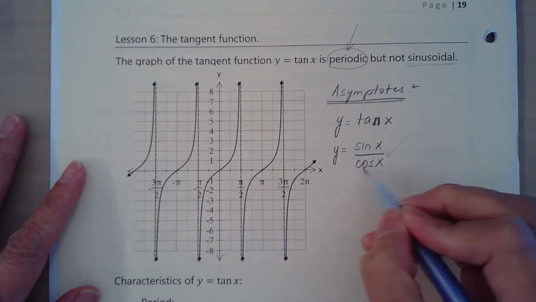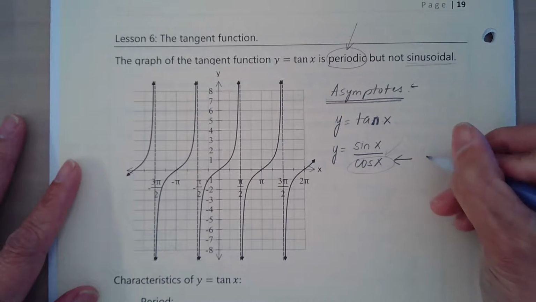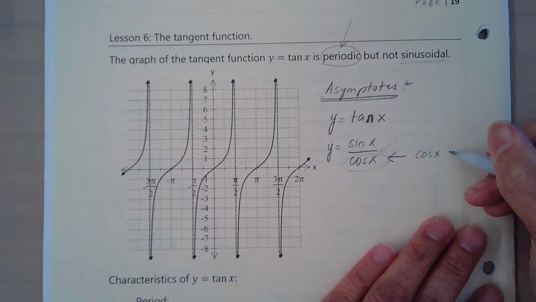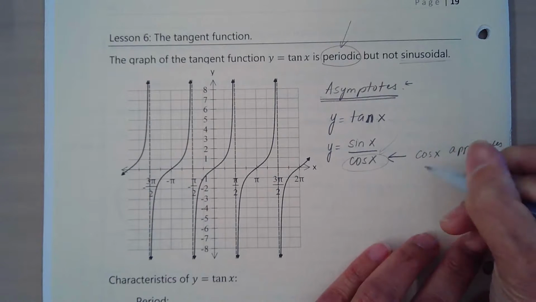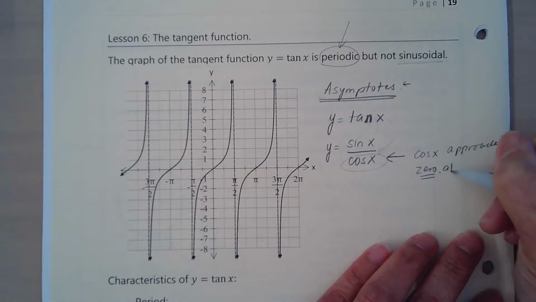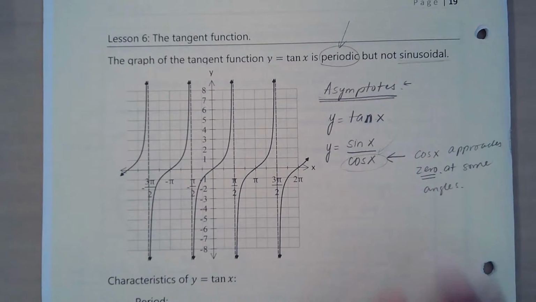Now, because this cos of x approaches 0 at some angles, the cos of x is 0 at some angles.